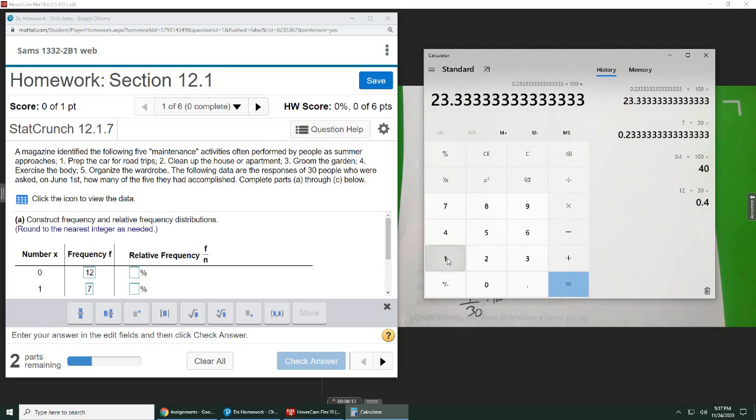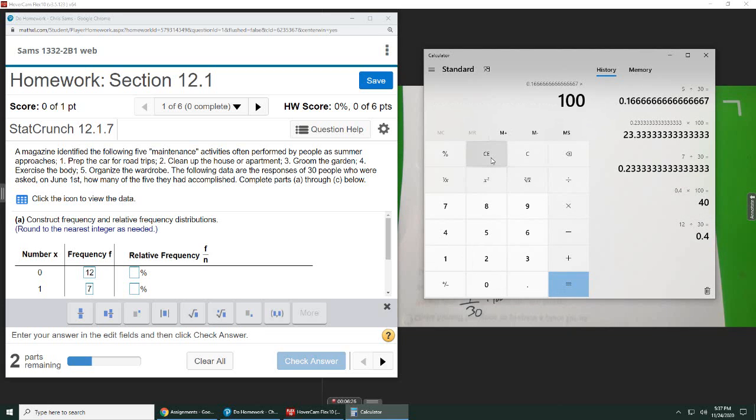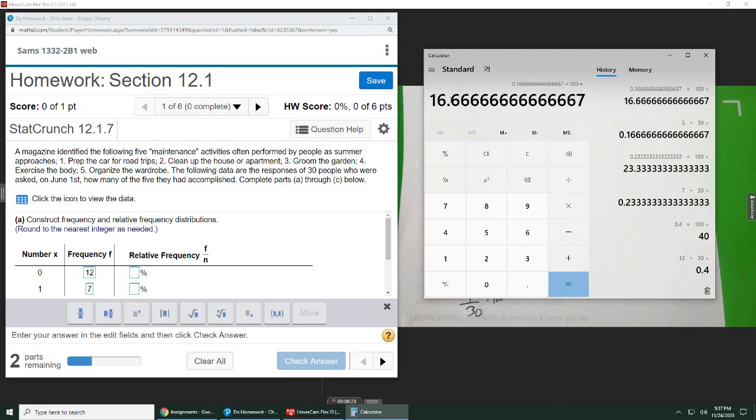All right, 5 over 30 is 1/6. I want to say that is 14%. Let's see. 5 divided by 30 times 100. So about 17%. All right, 3 over 30 is 1/10, so about 10%. 2 over 30 is 1/15.